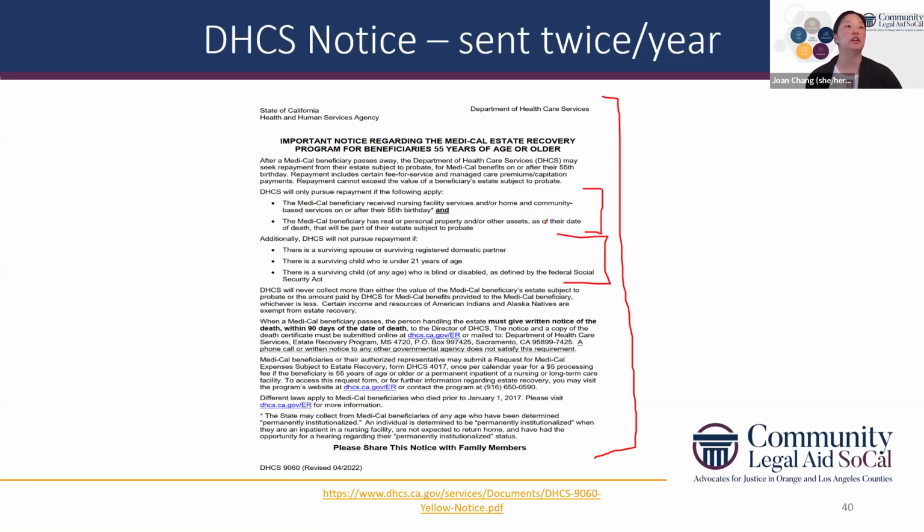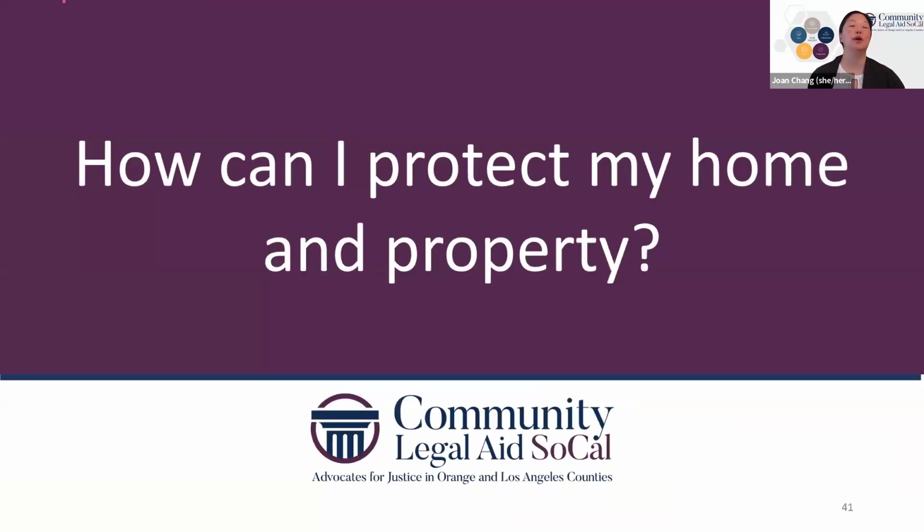It goes through that detailed information. It specifically says, please share this notice with family members, because once you pass away, it's not your problem, it's your family's problem. And if you want to not leave them a problem, we want to make sure y'all do some advanced planning beforehand.